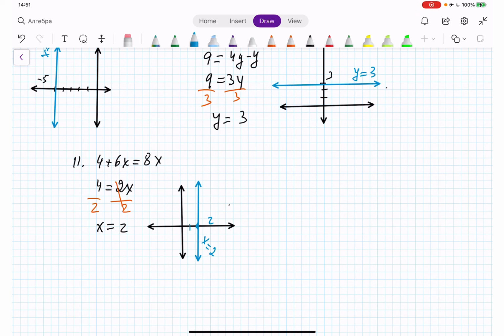Question number 12. So what do we have? We are given a table.